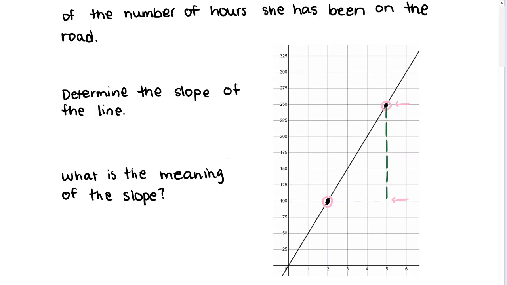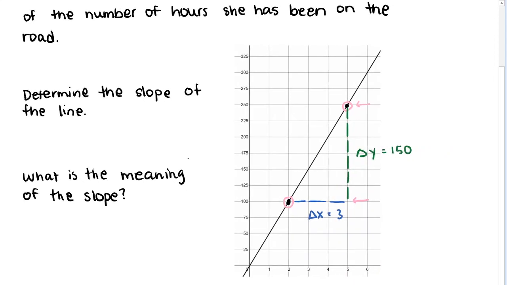So that's a change in y. This is delta y here is 150. And then what's delta x? What's the change in x? Well, here, that's just 3.